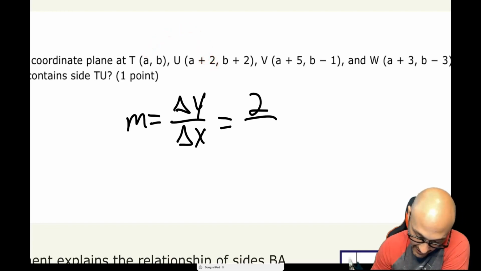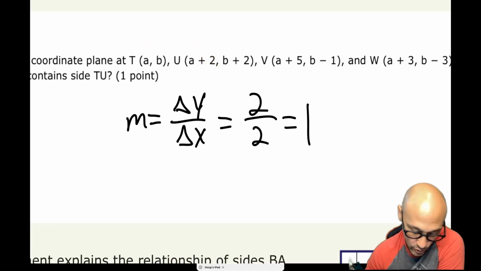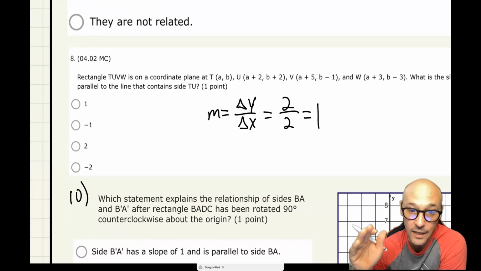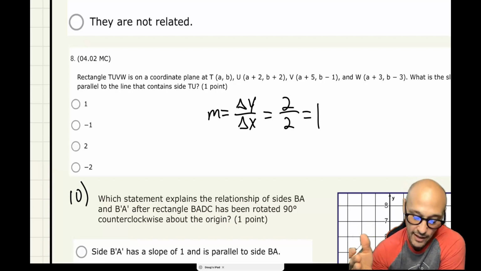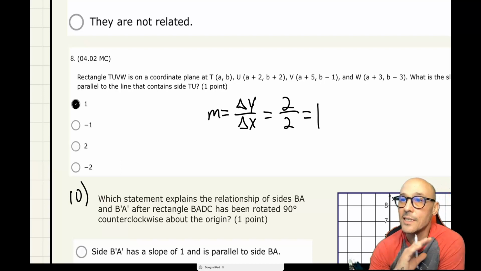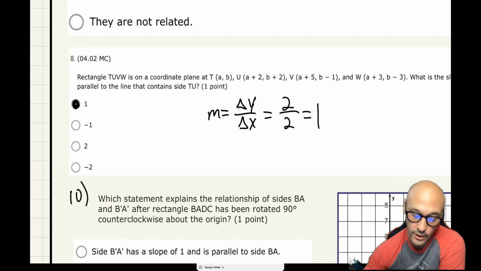So our delta x is 2. And that's a slope of 1 because 2 divided by 2 is 1. So TU, that line segment, has a slope of 1. So any line that's parallel to that line will also have a slope of 1. That's the simplest, most straightforward way to answer that question, but conceptually it's not easy.